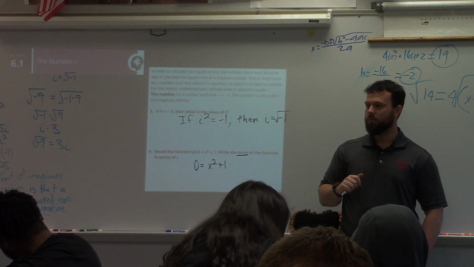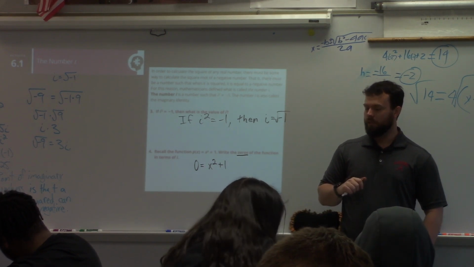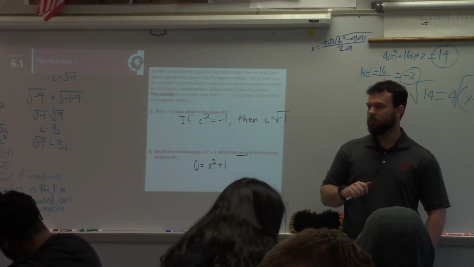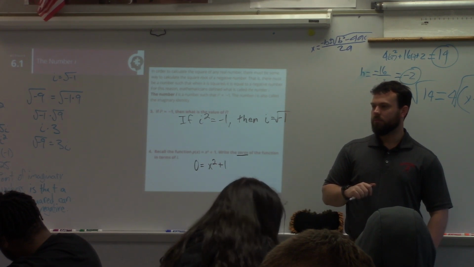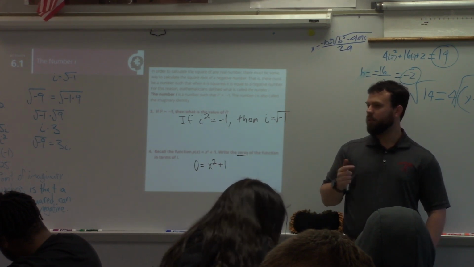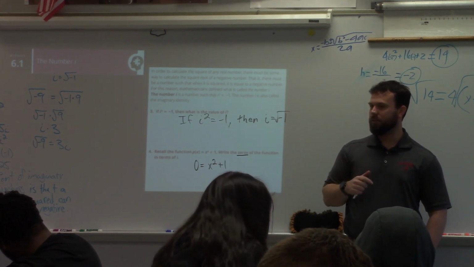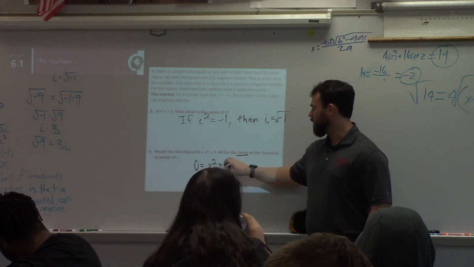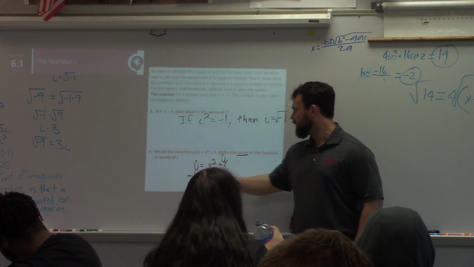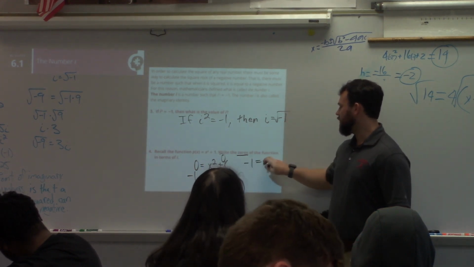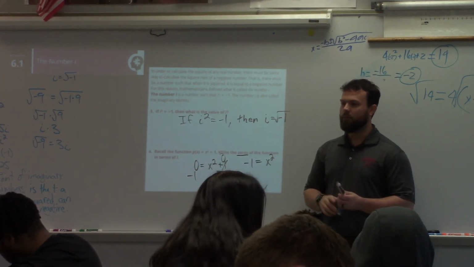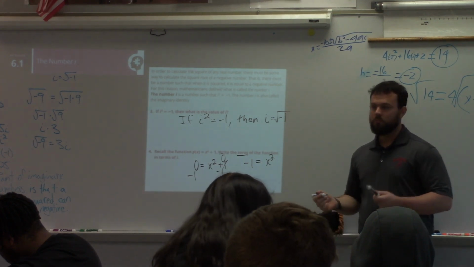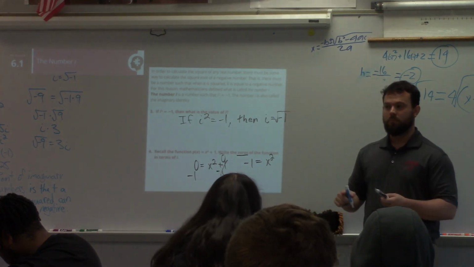What's the next step? Minus 1. If I subtract 1, is that going to get me closer to figuring out what x is? Negative 1 is equal to x squared. Now what would I do?